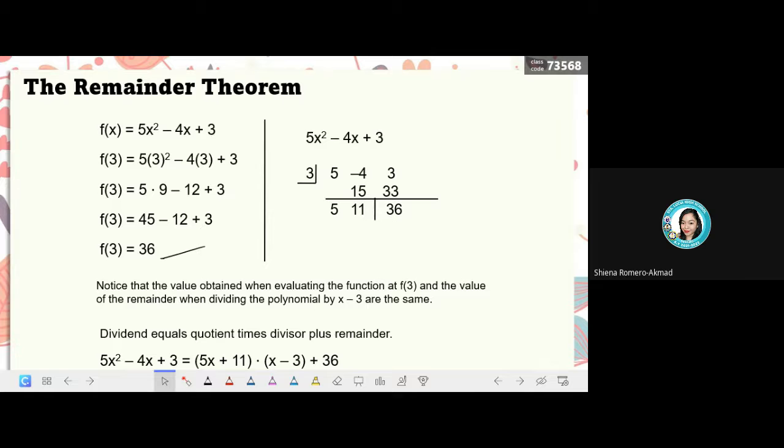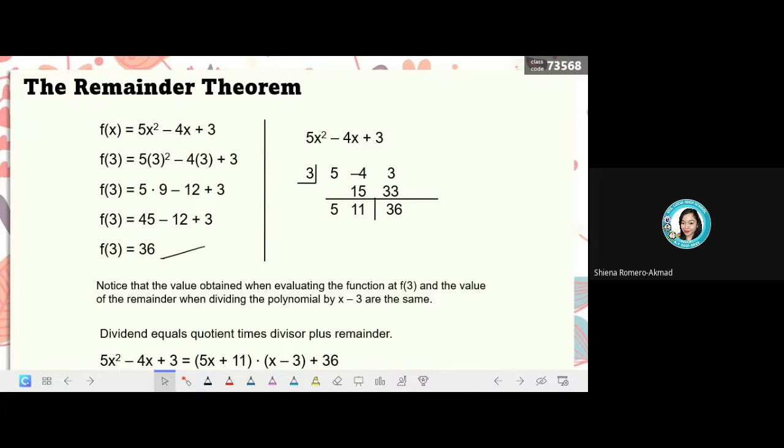So, we have the blank division, the blank division, at the blank theorem. Tatlo yun, di ba? Tingnan natin kung magkamali pa kayo.